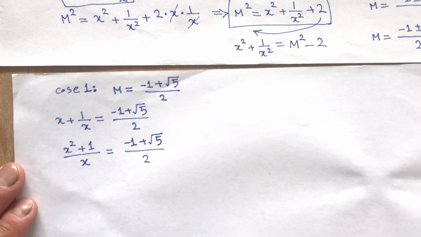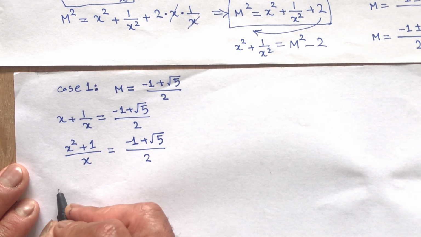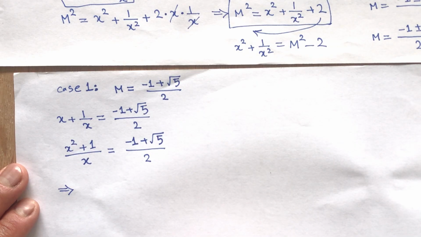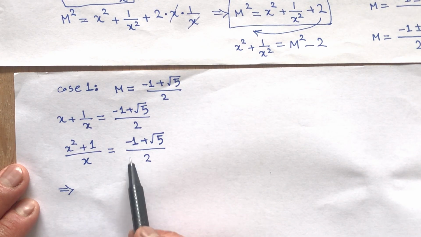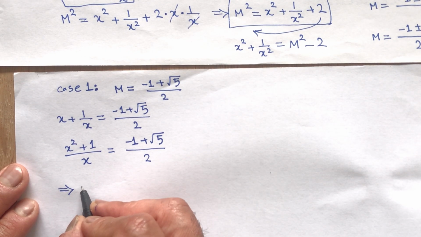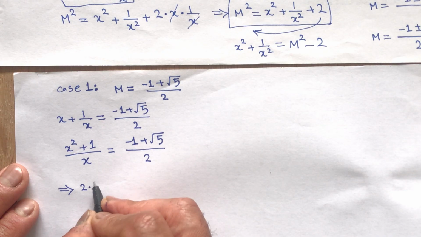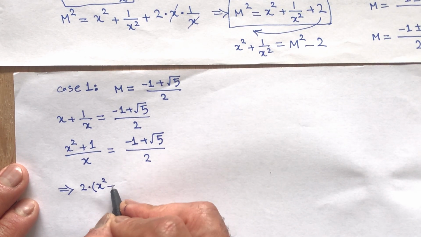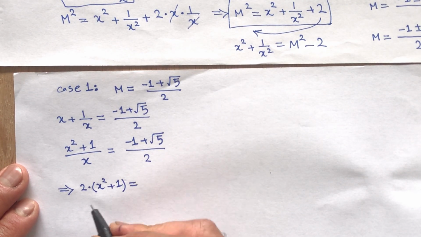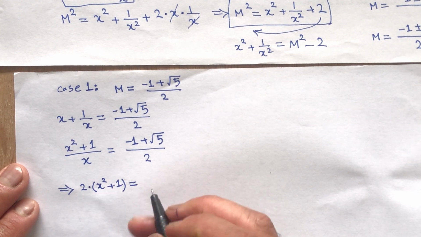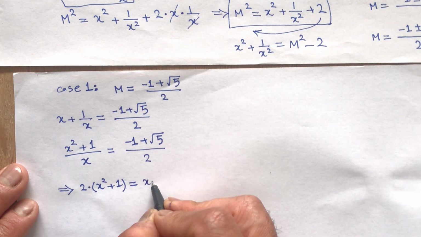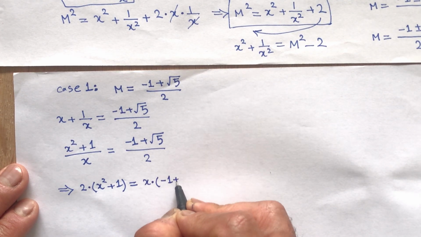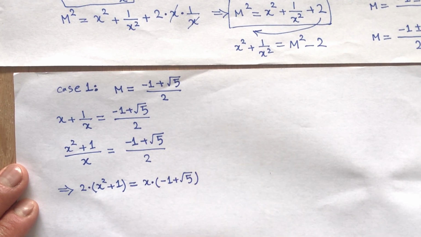By cross multiplying these 2 fractions, I can multiply this term to this term, so 2 times x squared plus 1 equals to these 2 terms when they are multiplied, so x times minus 1 plus square root of 5.